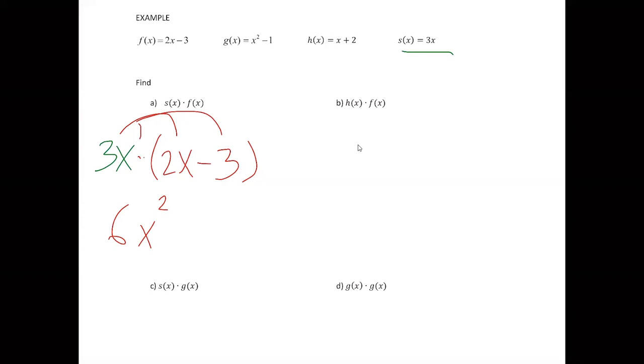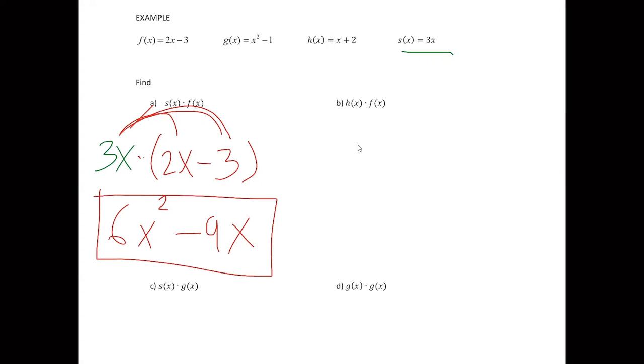That's x to the first, that's x to the first. You add the powers, so it would be x squared. But I think it's easier to think, how many x's do you have? Well, we have 2. Moving on, we're going to multiply this 3x times minus 3. That would be minus 9x. And that would be our answer.